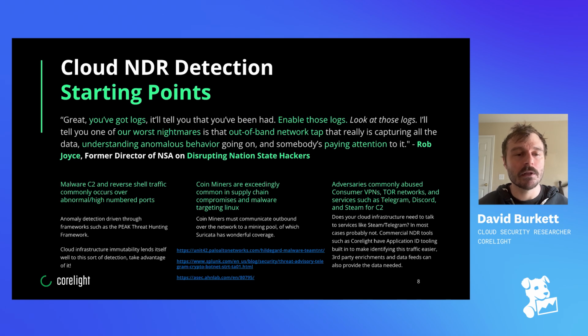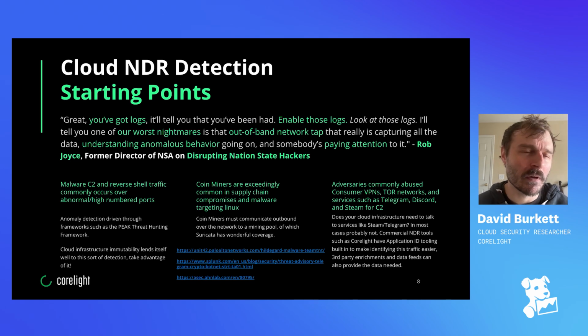But when it comes to some of the traditional and foundational security controls you're going to want to implement, things like network security monitoring, a lot of those have established benefits that are still useful in the cloud for the exact same reason. For example, there's this famous quote from Rob Joyce, former director of NSA, who said something along the lines of, one of our worst nightmares is that a threat actor has an out-of-band network tap capturing our network data.